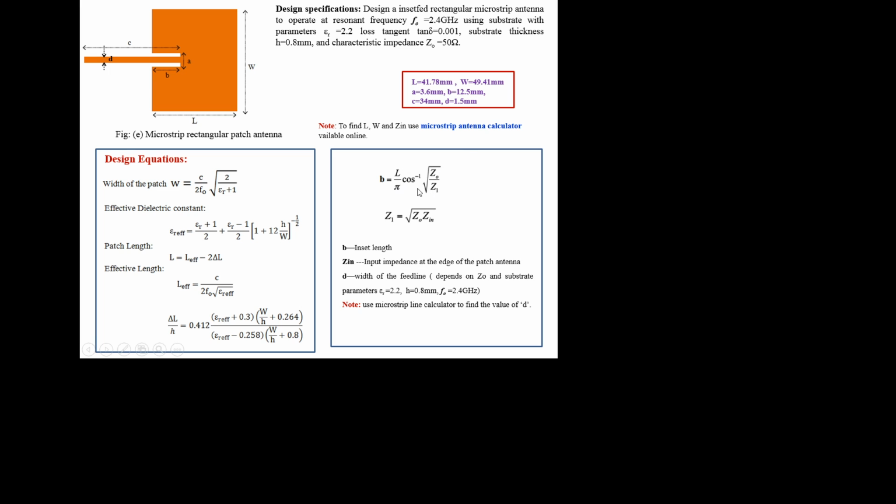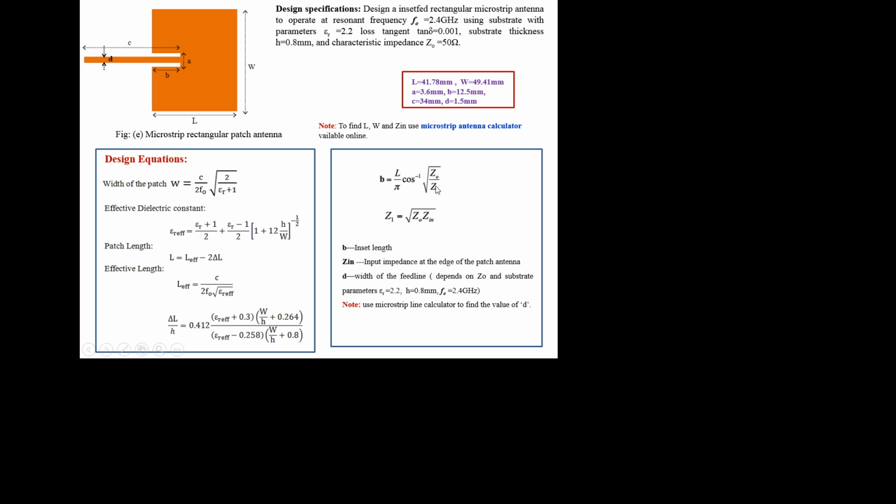Even from the equation you can get an approximate value of b, but by properly optimizing, by a little bit increasing or decreasing, we can get maximum radiation from this antenna. So through optimization we found this b value is 12.5 mm, which we took while constructing this microstrip antenna.